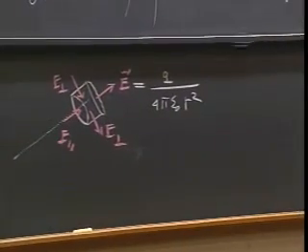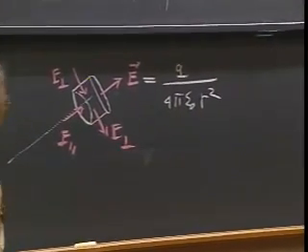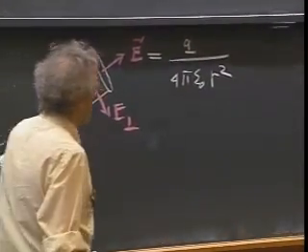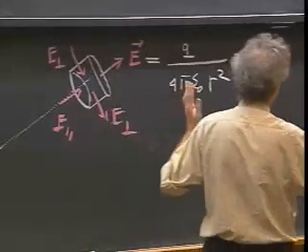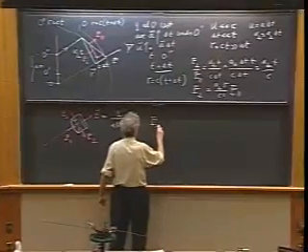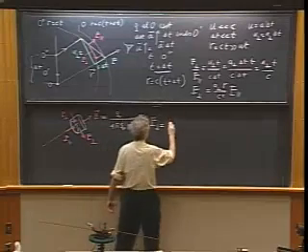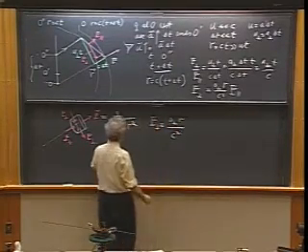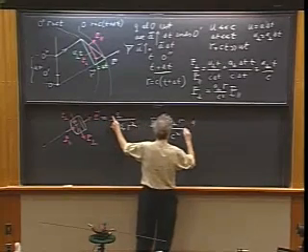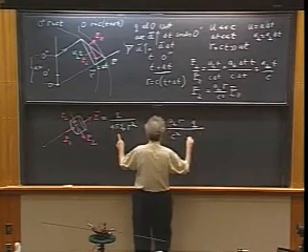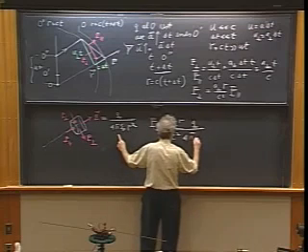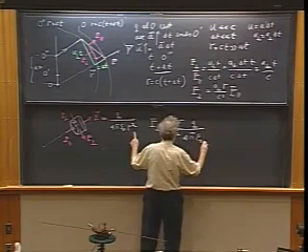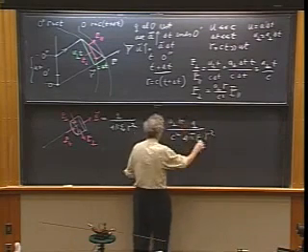You people should remember that from 8.02. And so now, we have accomplished, the 13 minutes are almost up. E perpendicular now is therefore A perpendicular times R divided by C squared times Q divided by 4 pi epsilon 0 times R squared. And you lose 1 R.